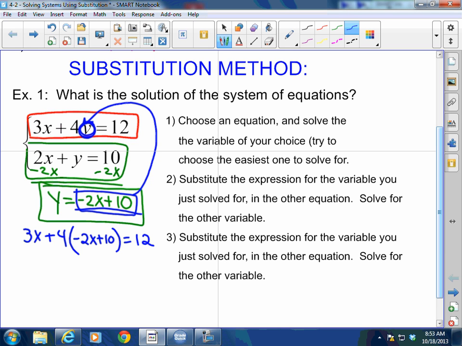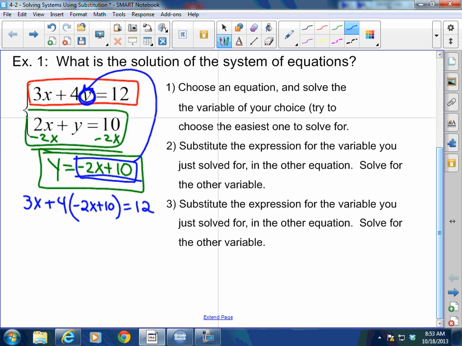So let's go ahead and follow directions here. It says here to solve for the other variable. So let's solve for x. We got 3x minus 8x plus 40 equals 12. I got negative 5x equals, sorry, I'm skipping steps here, negative 28, right? So it's negative 28 divided by negative 5.